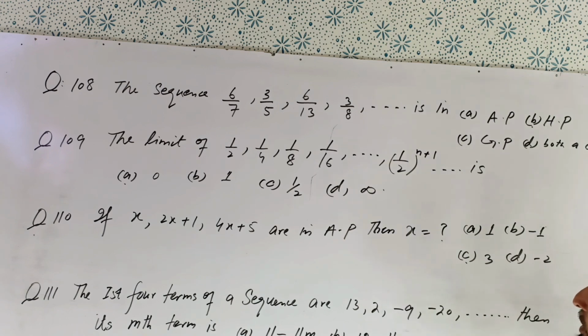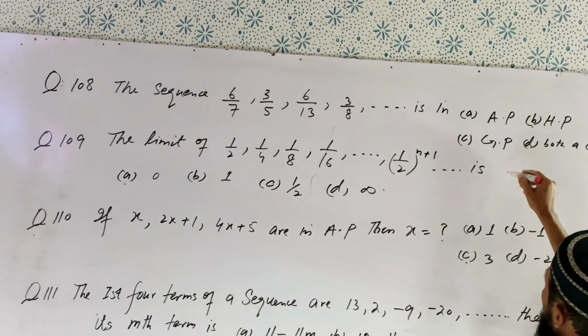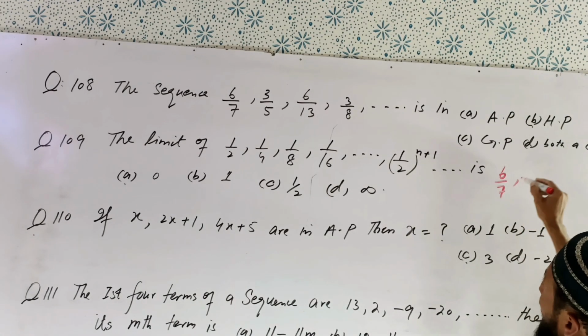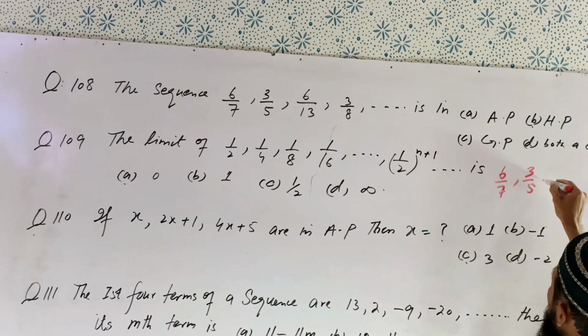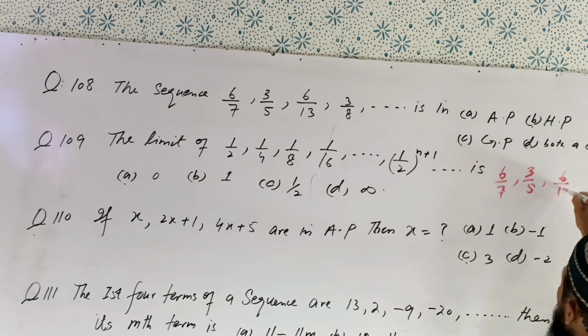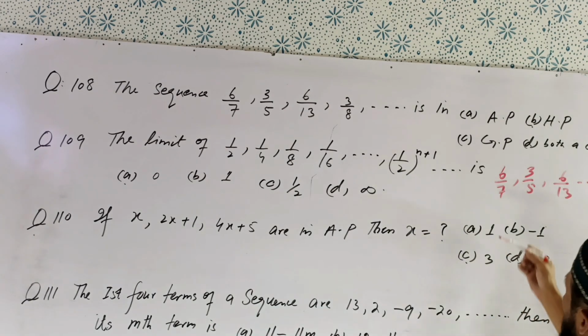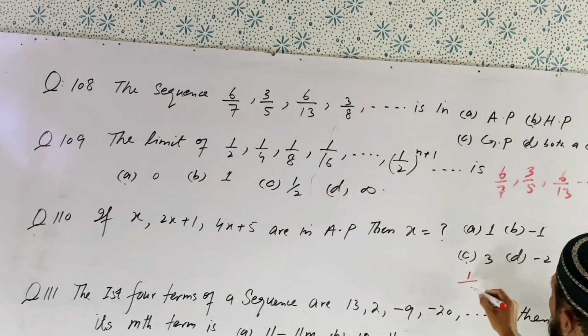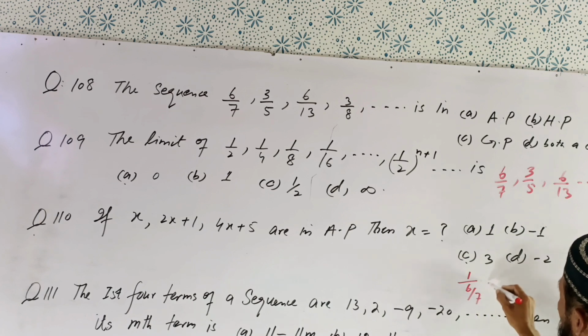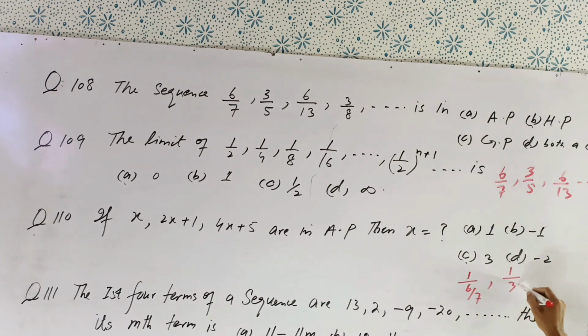Then we take the reciprocal of these terms: 6 divided by 7, 3 divided by 5, 6 divided by 13, and so on. The reciprocal of this one we can write as 1 divided by 6 divided by 7, 1 divided by 3 divided by 5, and 1 divided by 6 divided by 13.